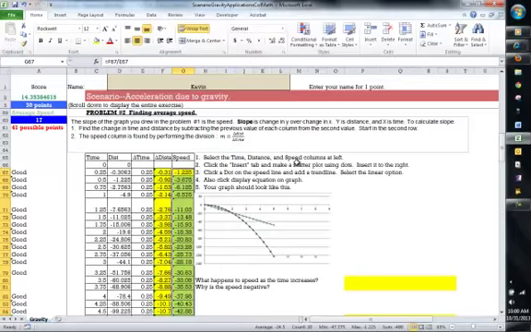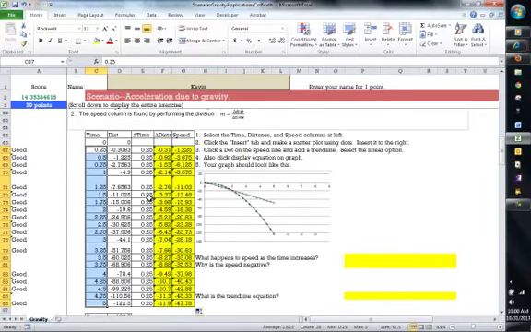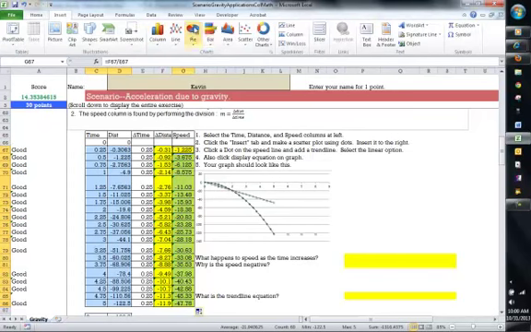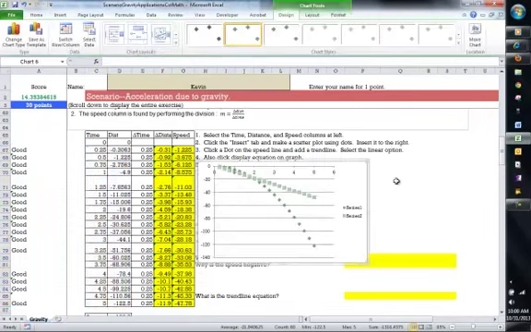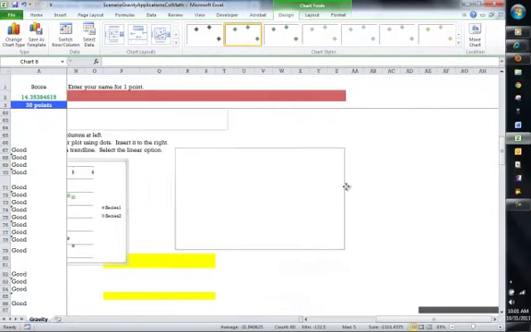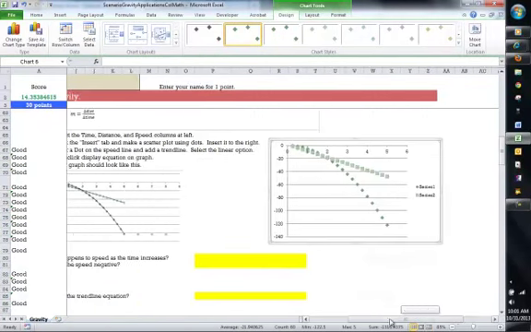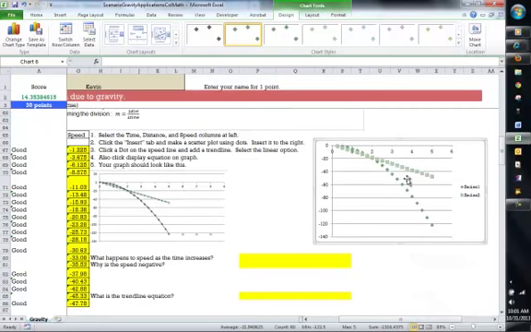So it says select the time, distance, and speed graphs. I'm going to select them where they all three have values so that I can put them in. Insert another scatter plot. And we're going to have to change the names here a little bit so that they match what we've got.